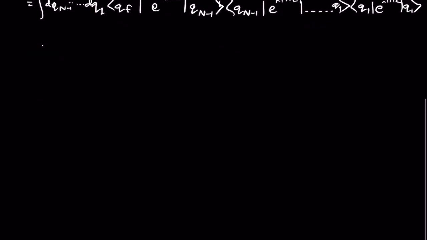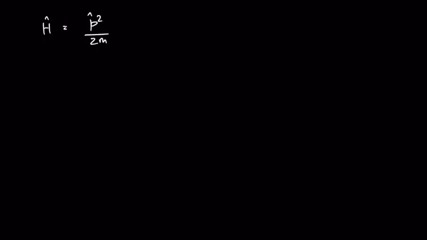Now, we'll have to know what the Hamiltonian of the system is. Let's assume a free particle, so no potential, essentially. It will just be p squared by 2m, and the effect of that will be incorporated.